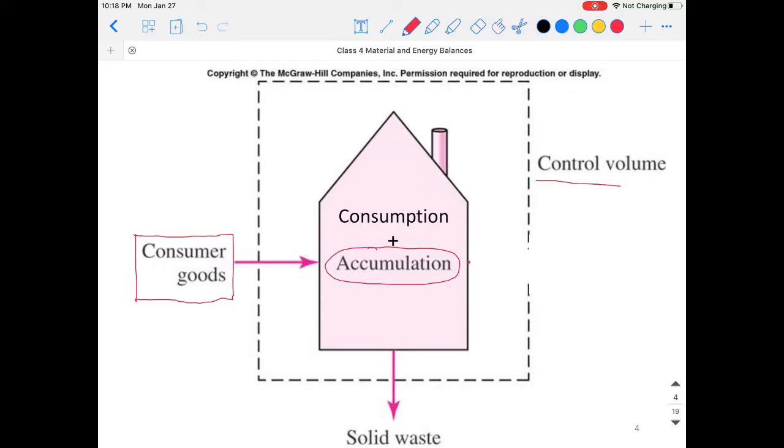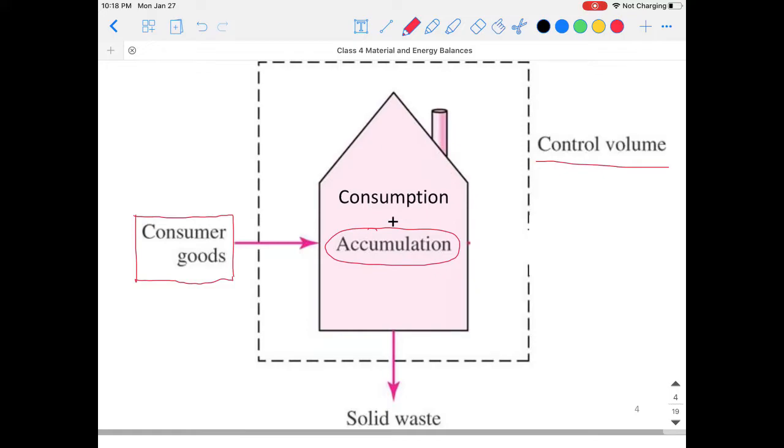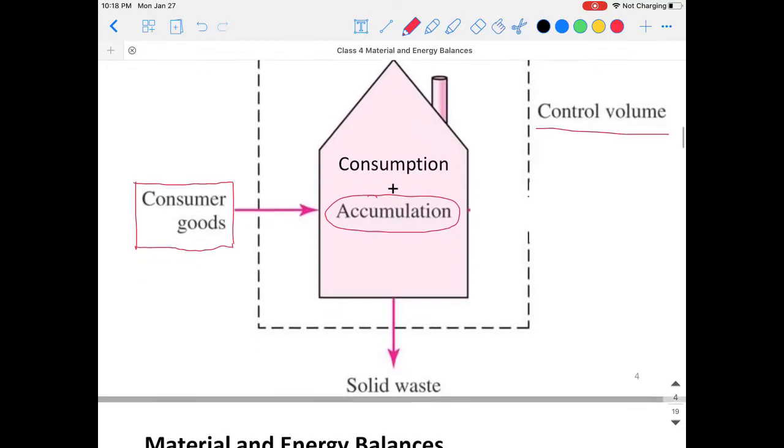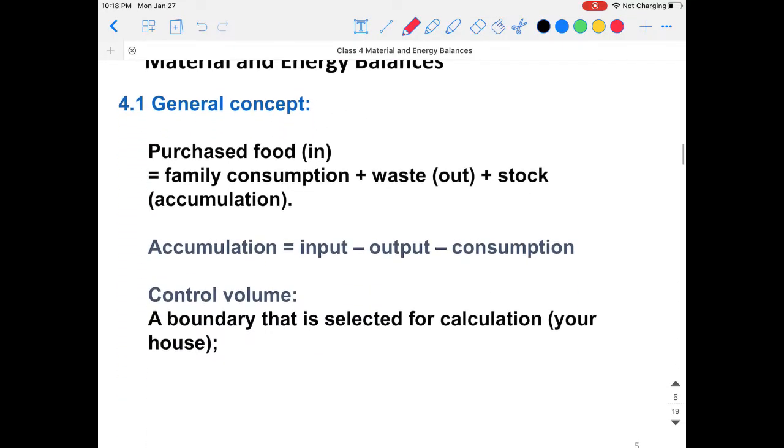And now, if we build a control volume, so if we choose an imaginary boundary and just use your home as a control volume, we can build up an equation, right? Because we have the inflow, we have the outflow, and also we know what is going on inside the home, right?